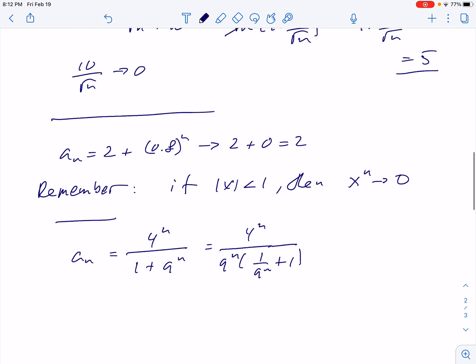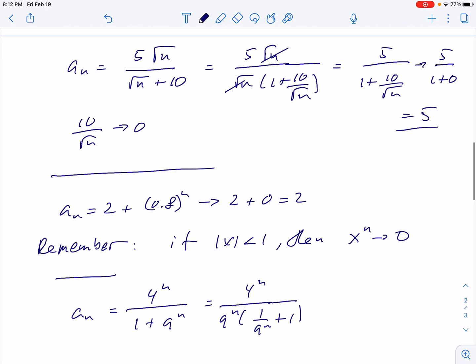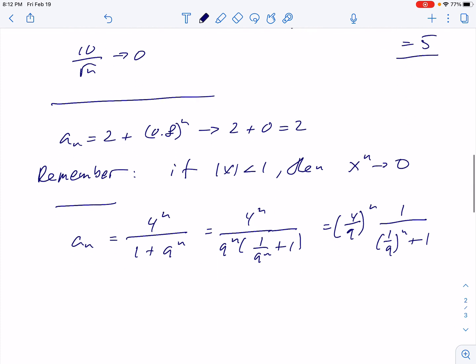Then we shall rearrange it this way. I shall write it 4/9 to the power n, so 4 and 9 I'm uniting, and there will be 1 over 1/9 to the power n plus 1.